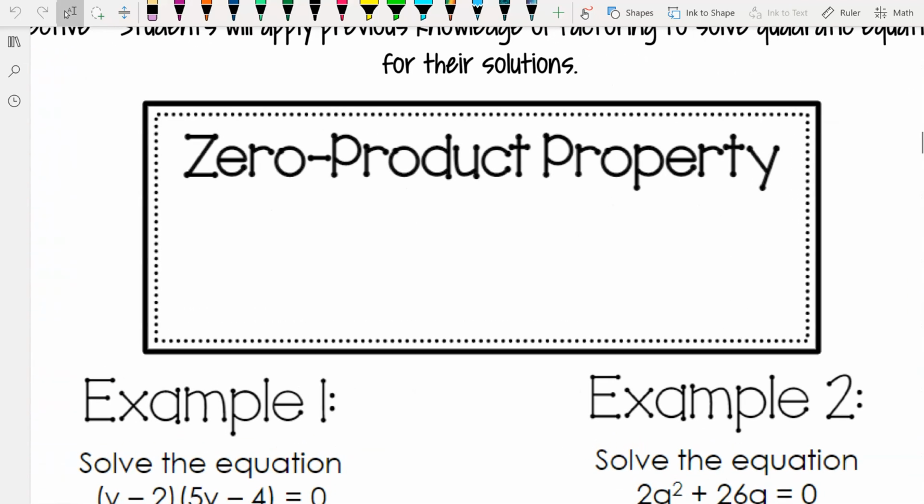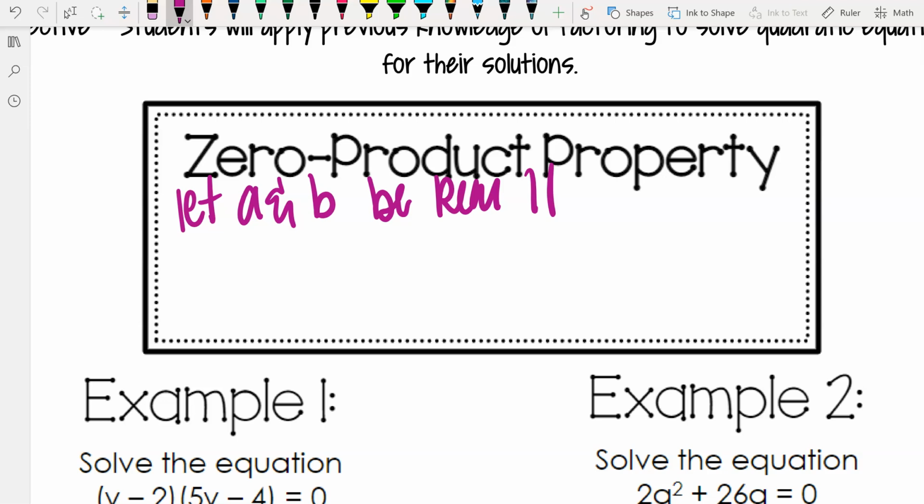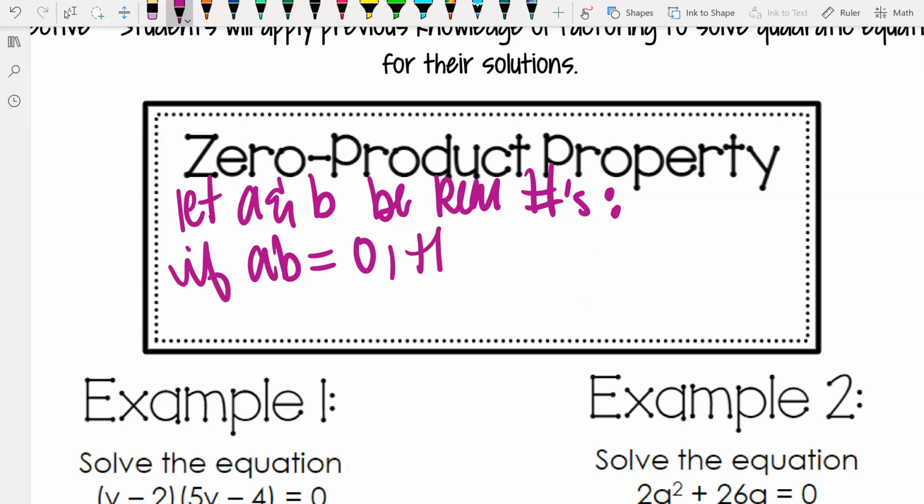So if we say we let some numbers A and B be real numbers, okay? So if we have A times B, and that product is 0, then one of the numbers has to be equal to 0.